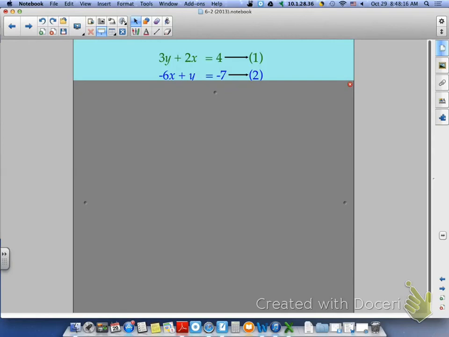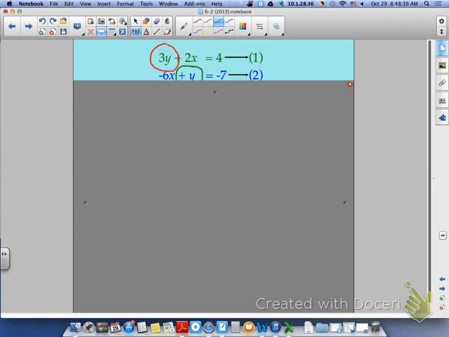The second one, because I can do it in one movement, right? With one change, I can do that. You understand what I'm saying? Because the first one, the y has a coefficient of 3, whereas here, y only has a coefficient of 1. Okay?